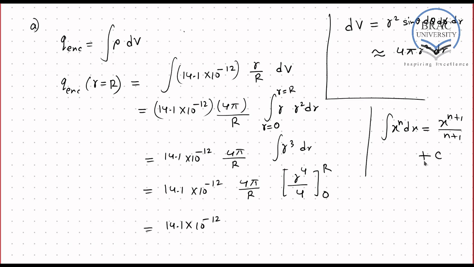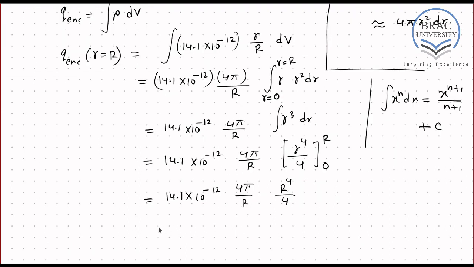You will not need this c for a definite integral with limits, as is the case here. The 4 cancels out, and R to the power 4 divided by R is just R cubed, so we get 14.1 times 10 to the power minus 12 times pi times R cubed. That is the enclosed charge by the total sphere. You just need to do this integration, that's all.